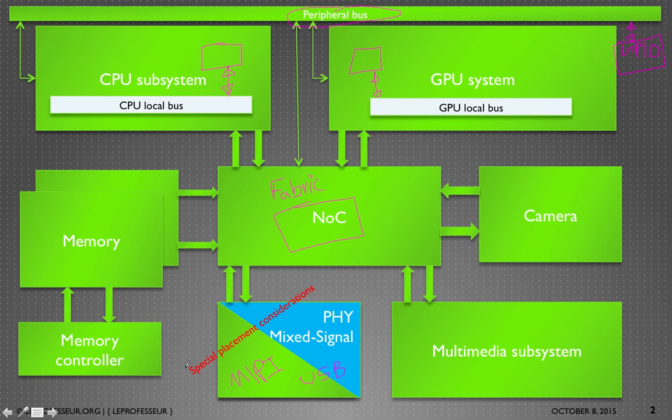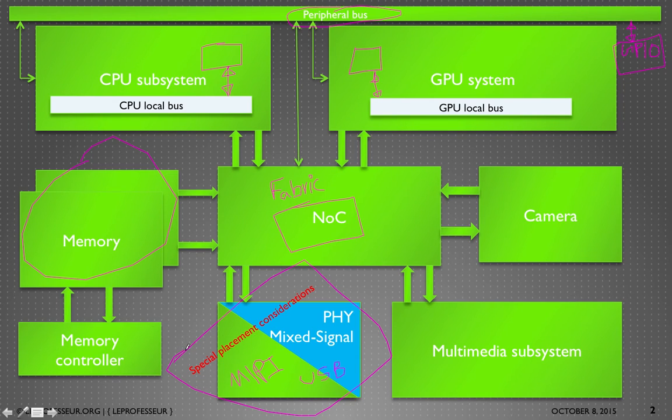Now these PHY blocks need special placement considerations too, as do your memories. These PHYs need special placements, which are usually defined by the chip architect or the chip architect team. Where should we place these mixed signal blocks on the full chip, because they have different power requirements, different thermal requirements, different voltage requirements.